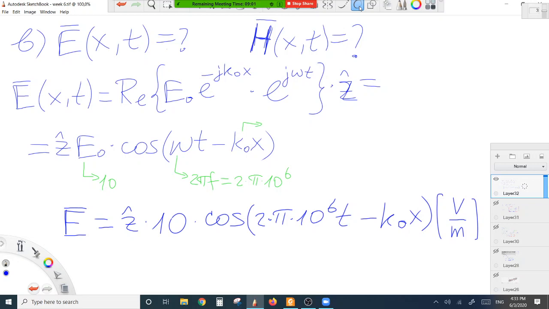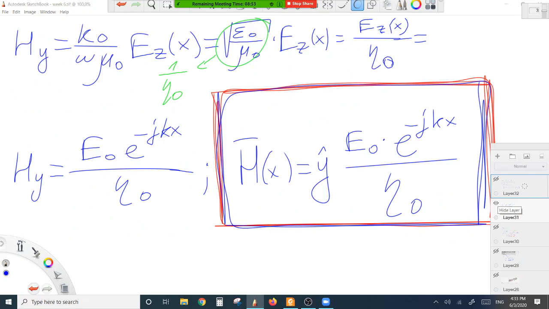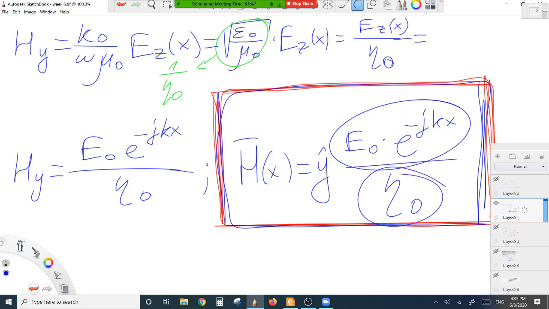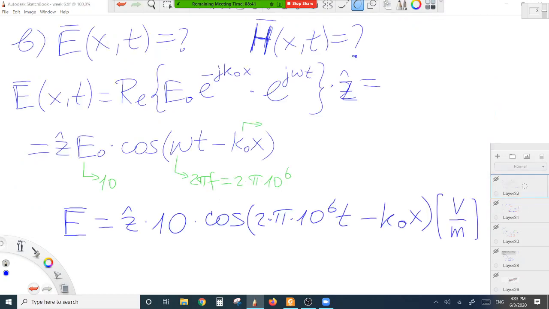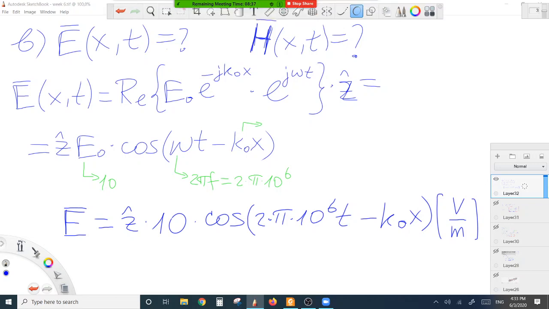And what about H? H is simply E0 by eta 0 and in y direction.